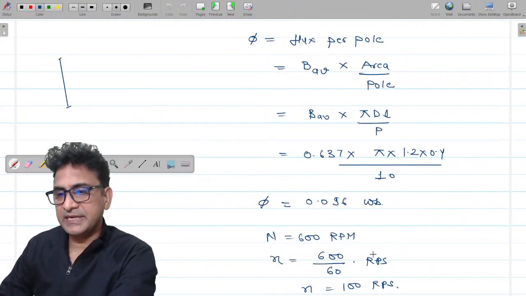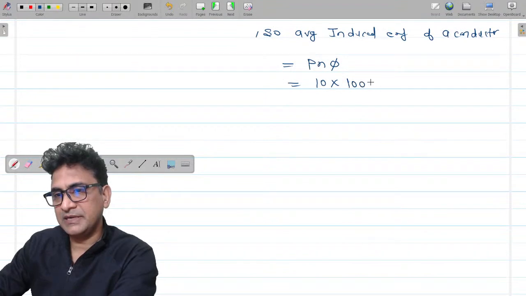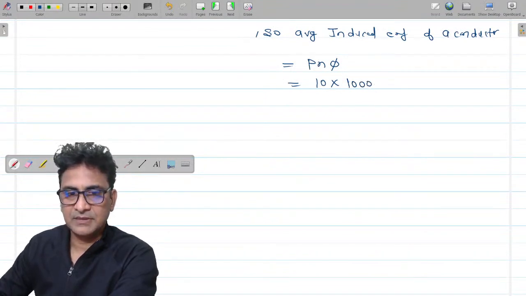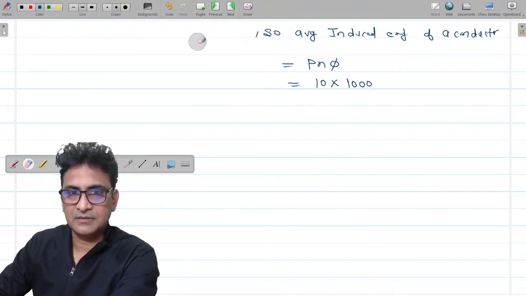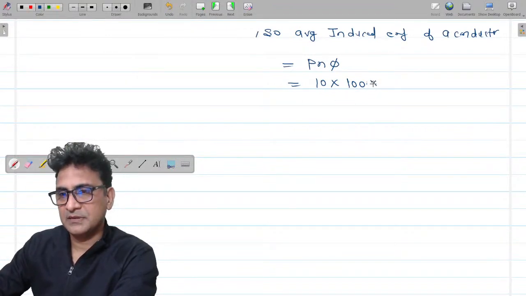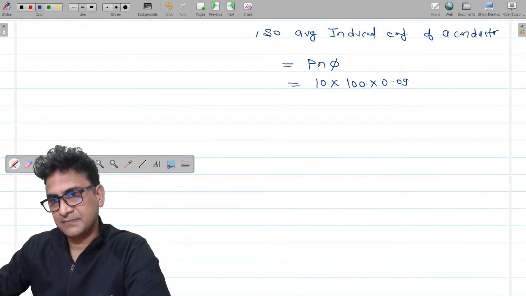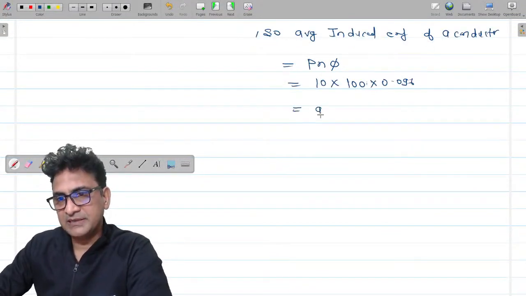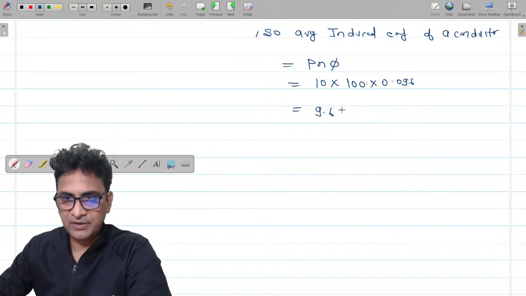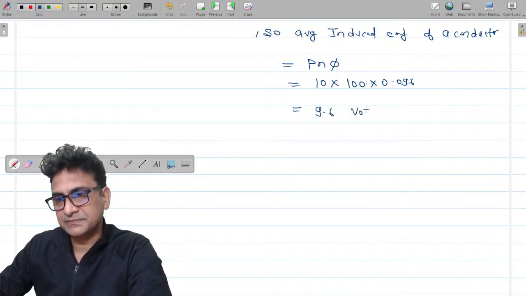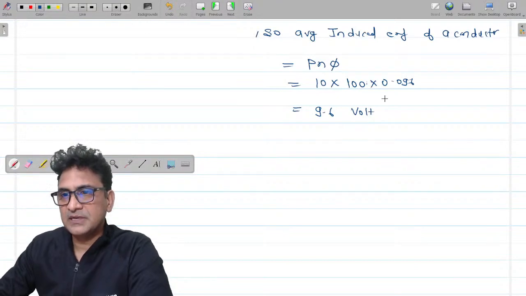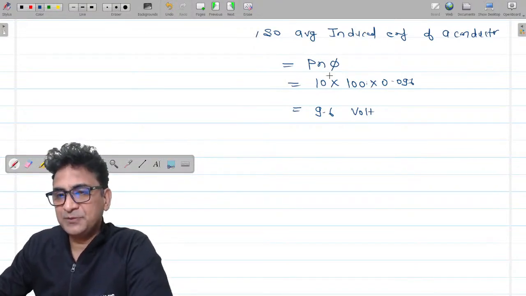Speed in rotation per second we just found out. It is 10. And average value of flux is 0.096. If you calculate, you will get 9.6 volt. This is the average value of induced EMF.